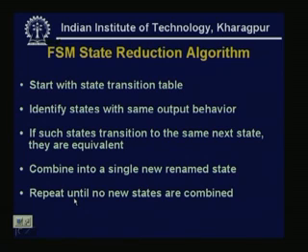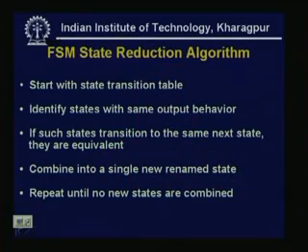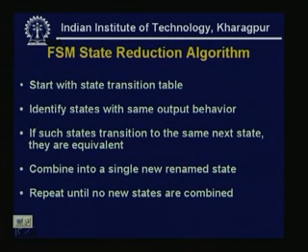Now, there are several algorithms that exist for the state reduction. So what should be the algorithmic steps? If we start with the state transition table, first we define for all possible inputs what should be the output of the machine. Then identify states with the same output behavior.